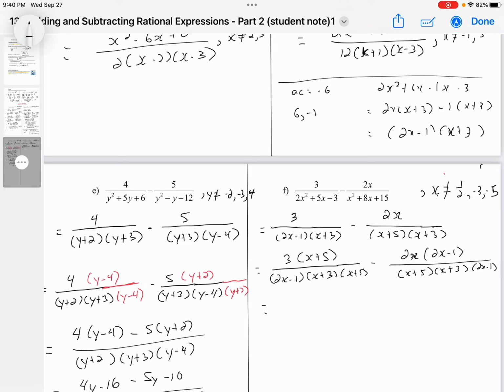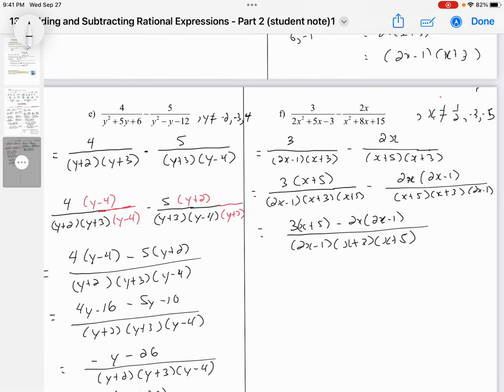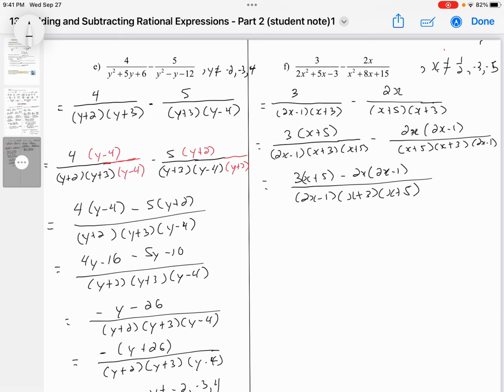The rest is easy. The rest is easy. We've got a common denominator now. I can put those together. 3 bracket x plus 5 minus 2x times 2x minus 1 all over this monstrous denominator, 2x minus 1, x plus 3, x plus 5. Multiply out those brackets in the top. 3x plus 15 minus 4x squared plus 2x all over 2x minus 1, x plus 3, x plus 5.